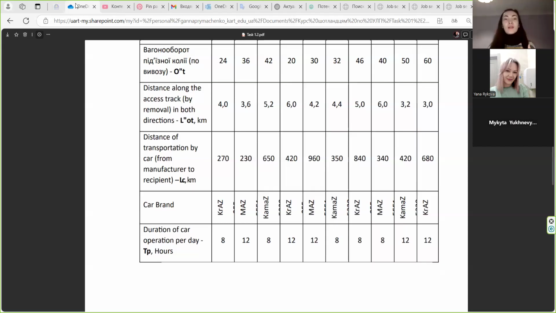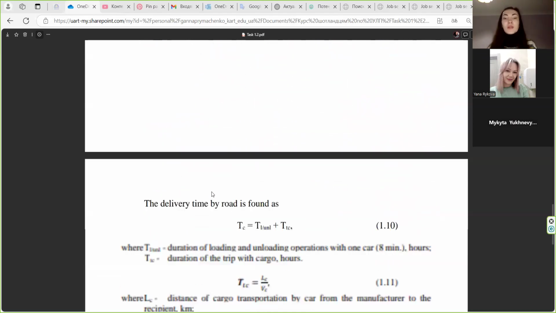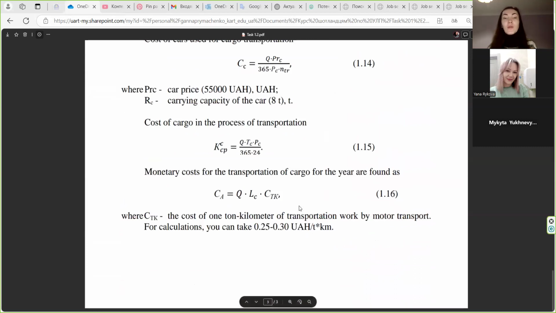Okay, I hope you find this distance for the car transport. In kilometers, we use this parameter the same as in our table. And multiplied by the last parameter, C with index TK, the cost of 1 ton-kilometer of transportation work by motor transport. By calculation, we can take these parameters from 0.25 to 0.30.